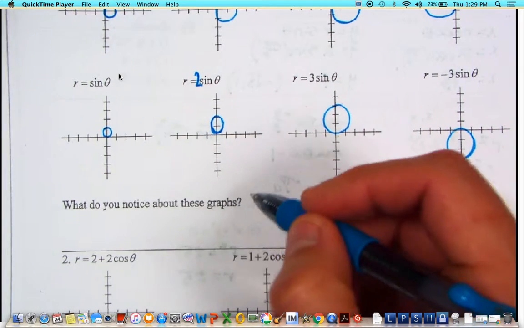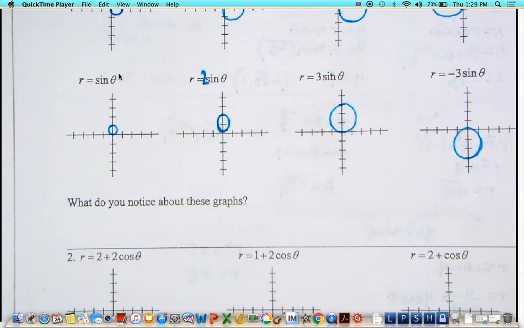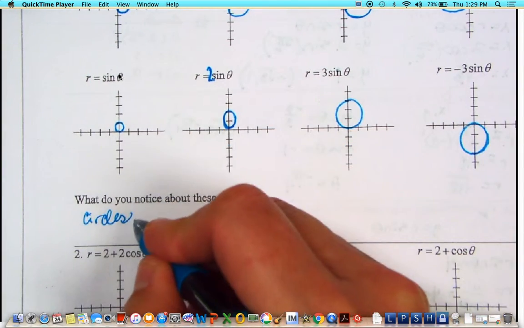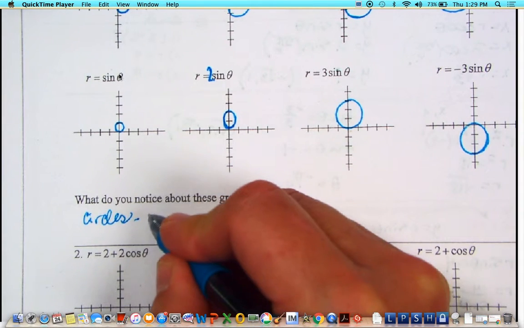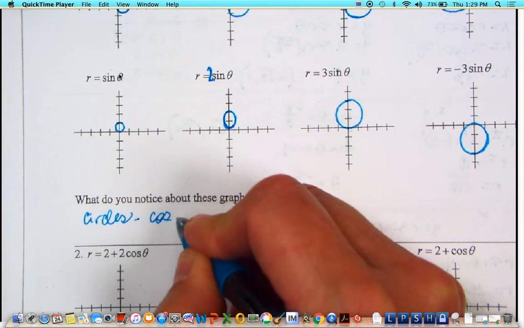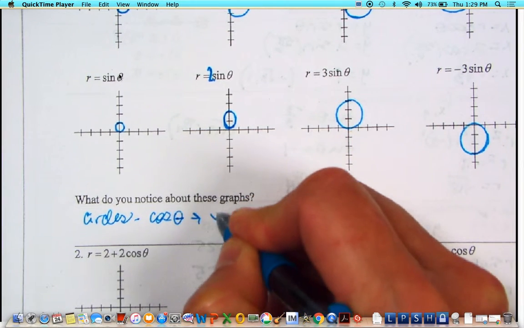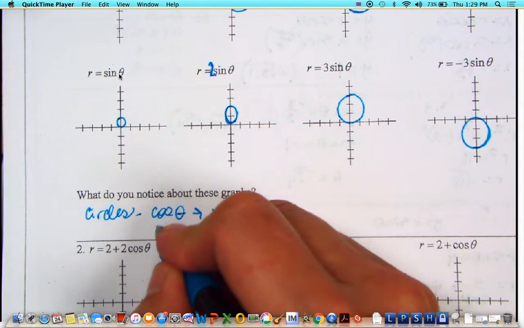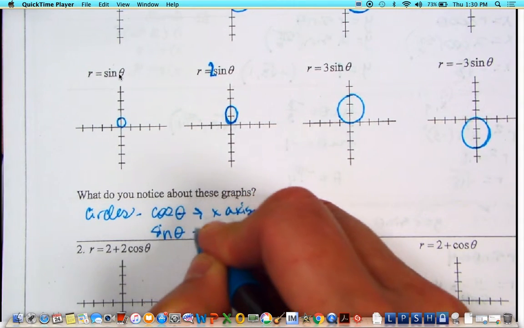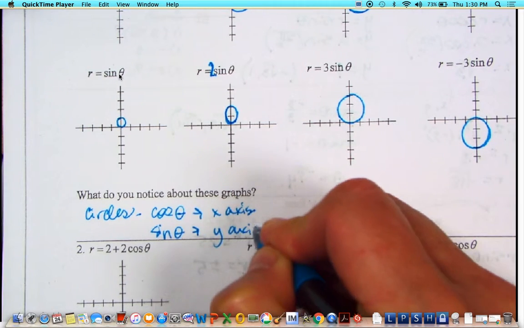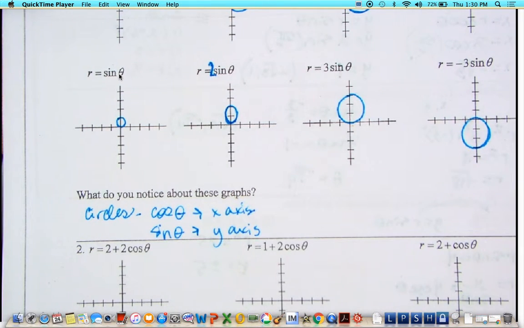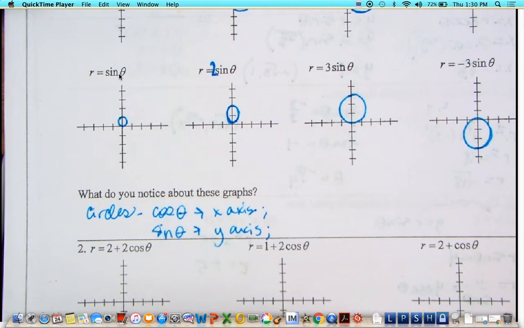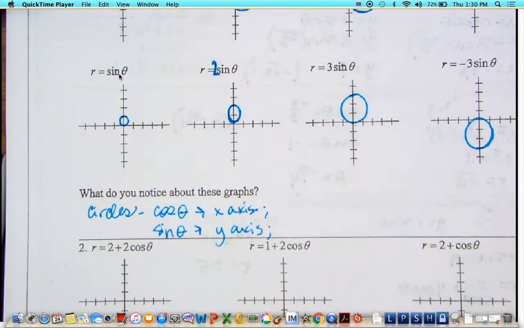Okay, so what do we notice about these graphs? They are all circles. Cosine is on the x-axis. Sine is on the y-axis.